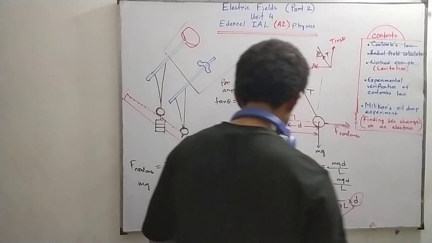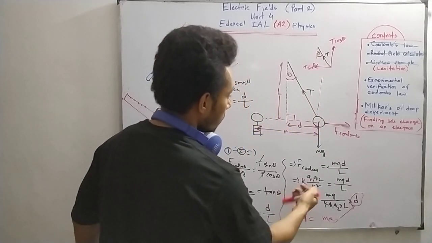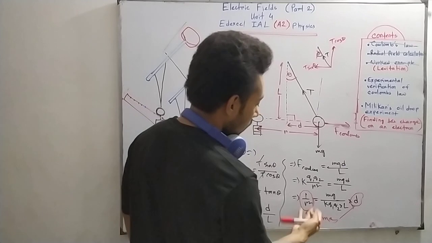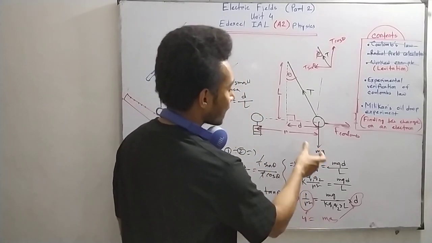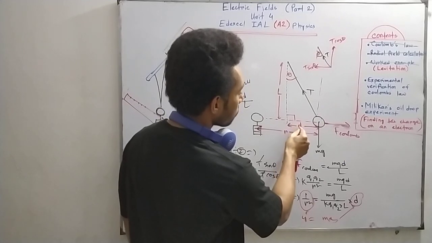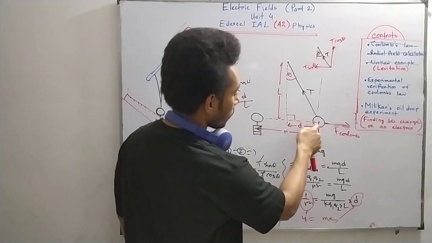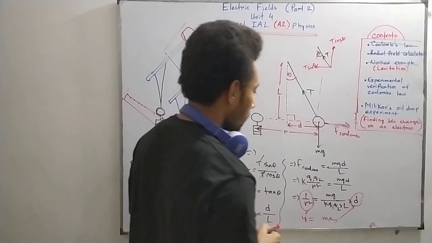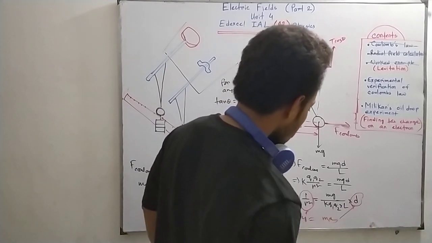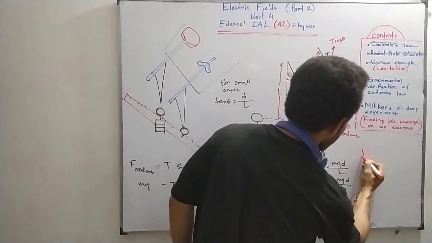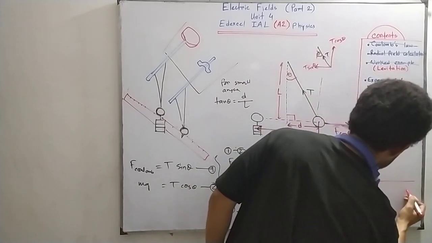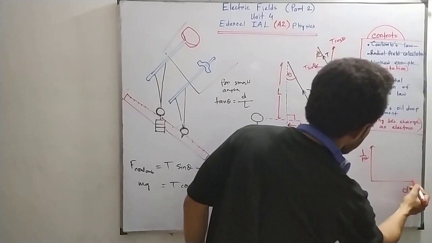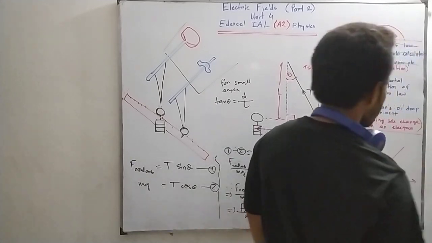So if you vary r, you will have 1 by r square, and for different r you can measure d, the distance moved by the lighter sphere from its original position. Then if you draw a graph of 1 by r square against d, the graph will be a straight line.